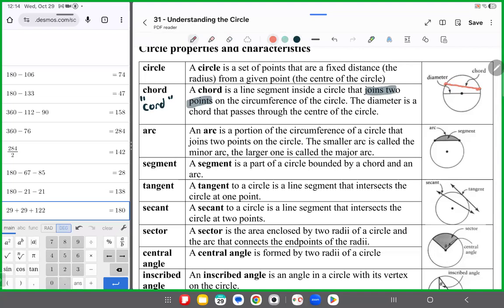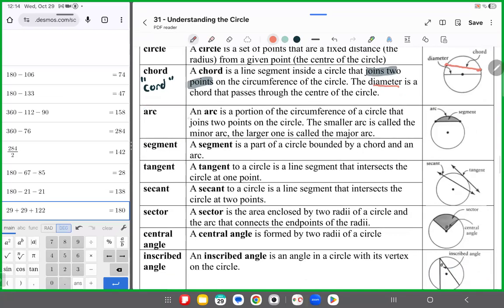Now, if these 2 points happen to go through the middle of the circle, that has a special name, which you know. We call that the diameter. So the diameter is a chord that passes through the center of a circle. So all diameters are chords, but not all chords are diameters. So there you go.